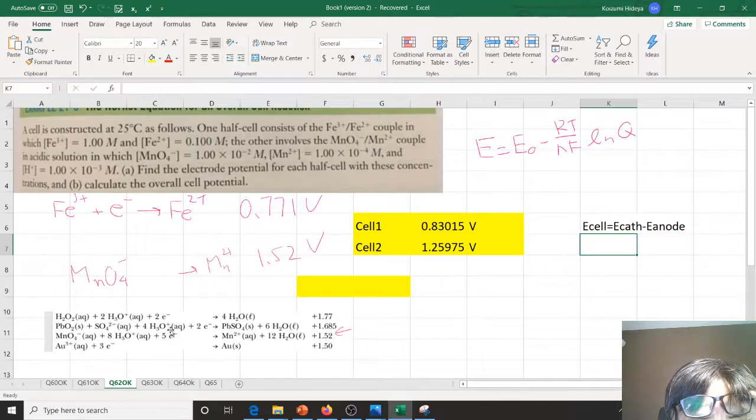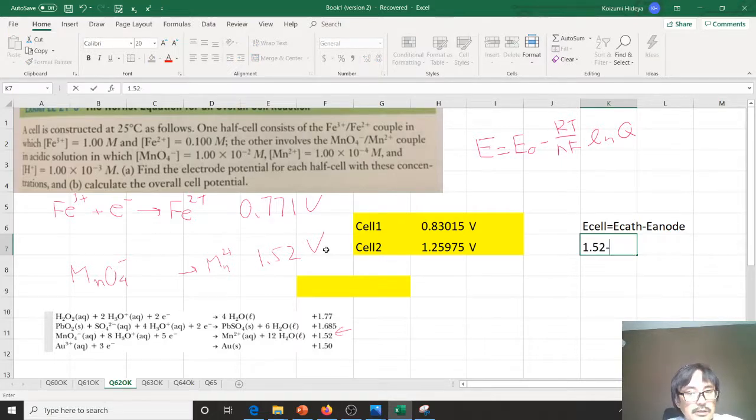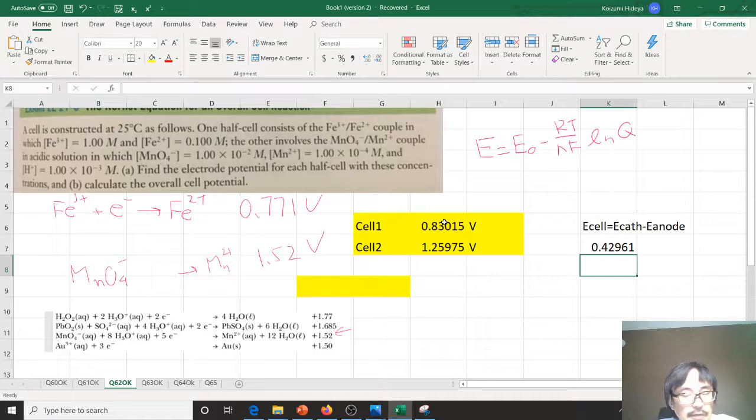This one right here is going to eat up the electrons, so it's going to be a cathode. And Fe3+ becoming Fe2+ is also a cathode too, but which one is the stronger cathode? It's this one, right? So for that reason, it's equal to this minus that. Just the difference.